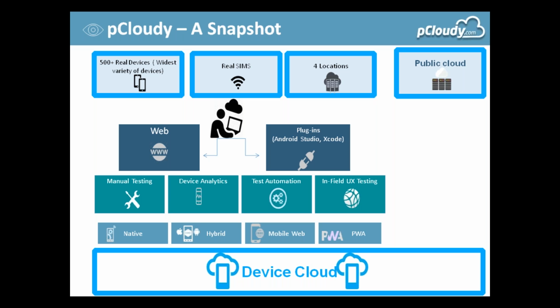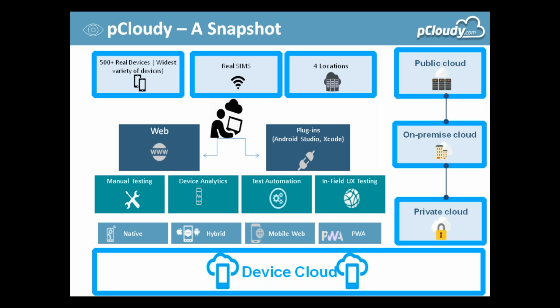There are other flavors available for organizations to choose from, and the flavors are either private cloud, where organization can set up a dedicated cloud for their own use when they are looking at 24 by 7 dedicated devices, or on-prem cloud, where if you already have devices within your organization and you want to create an internal cloud for your distributed teams, on-premise solution could be this option.